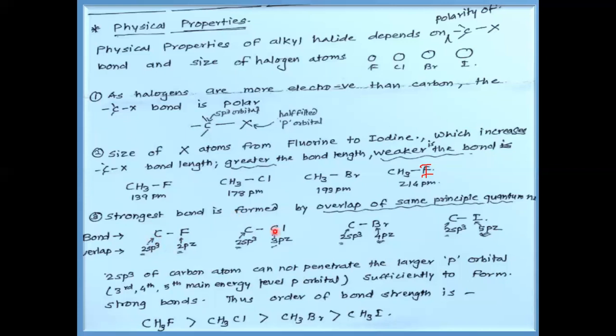But as the principal quantum number increases, it is unable to penetrate the electron of carbon into the third shell pz orbital, or the fourth shell pz orbital, and here it is quite difficult. So this bond is weaker than this, and the C-F bond is stronger. Thus the order of bond strength is CH3F greater than CH3Cl greater than CH3Br greater than CH3I.